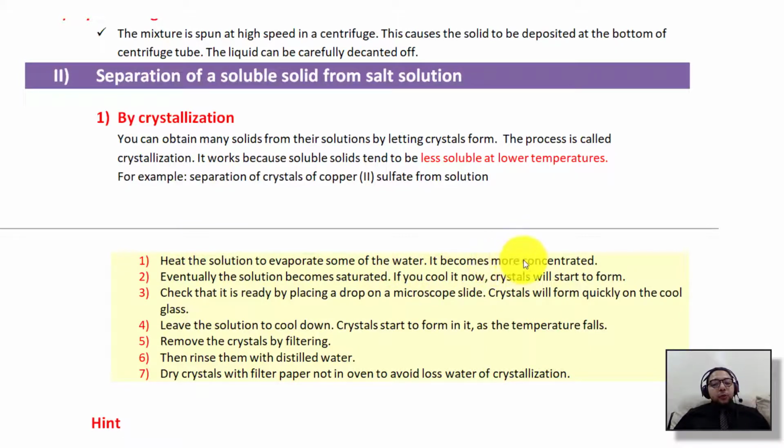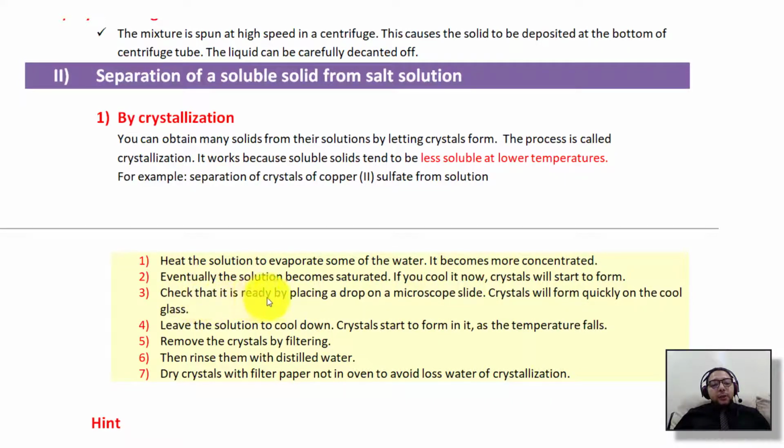It becomes more concentrated, and eventually the solution becomes saturated. When it reaches that level, you take it away from the burner, the Bunsen burner, and let it cool until the temperature drops. You need to let it cool to make the crystals start appearing and forming.